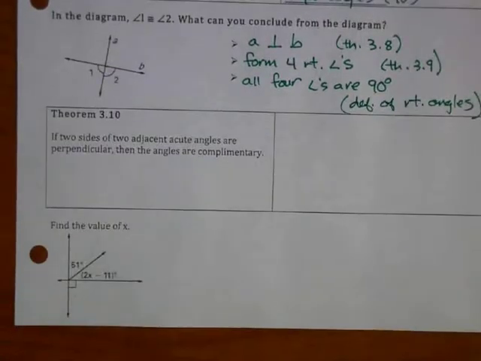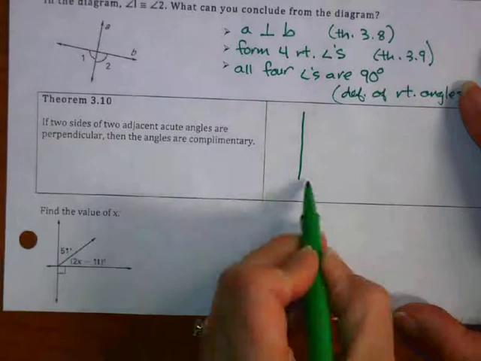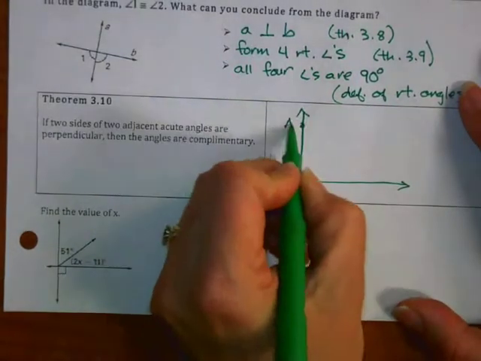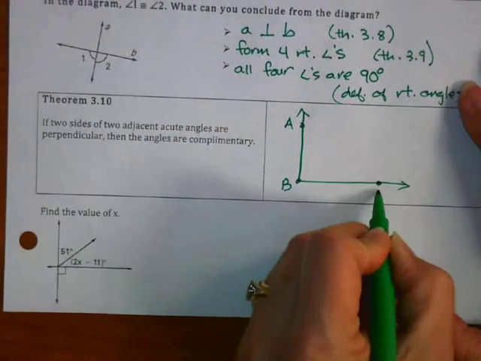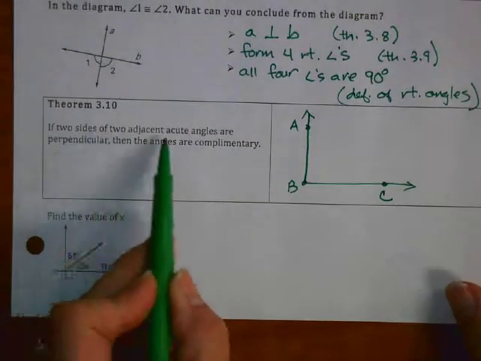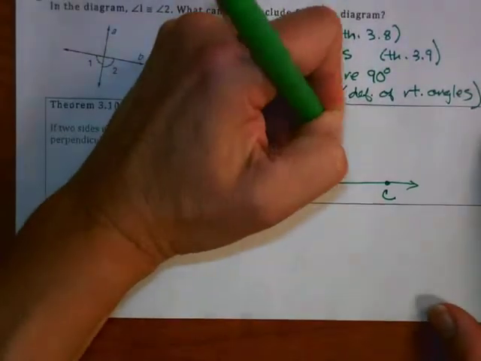Okay. Theorem 3.10. If two sides of two adjacent acute angles are perpendicular, then the angles are complementary. So I want you to draw a picture here. Here's A, B, and C. And it says if two sides of two adjacent acute angles are perpendicular, so I'm going to draw a line here.